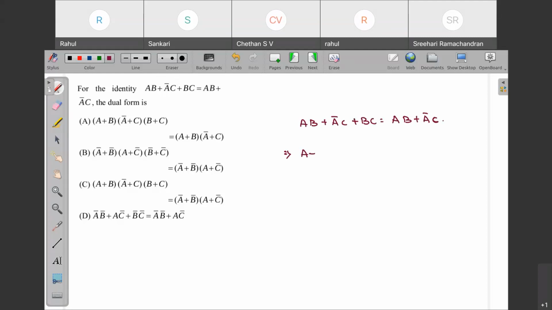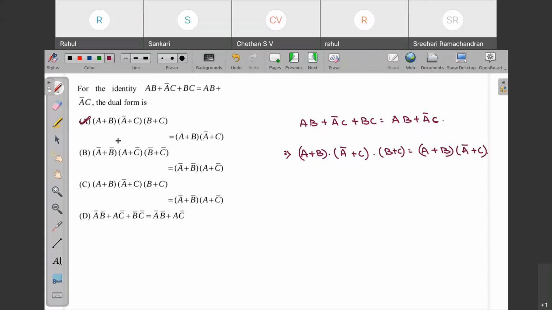So the dual form will be (A plus B) dot (A complement plus C) dot (B plus C) is equal to (A plus B) dot (A complement plus C). So which option do we see? (A plus B)(A complement plus C).